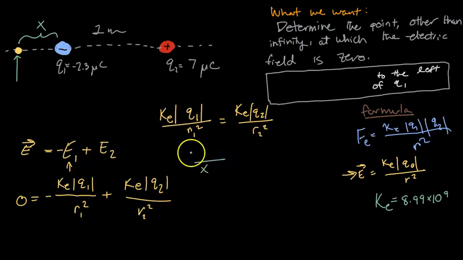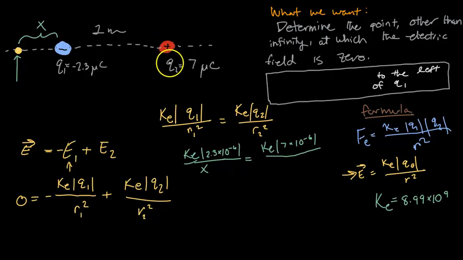We will have X, and then we will have our Coulomb constant and our charge 1, which is 2.3 times 10 to the negative 6. And that will equal our KE times our second charge, which is 7 times 10 to the negative 6, divided by the distance of Q2 to that point, which we can see is X plus 1, from Q2 all the way to the yellow dot. So we will have X plus 1, squared.